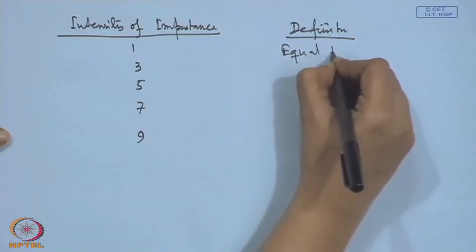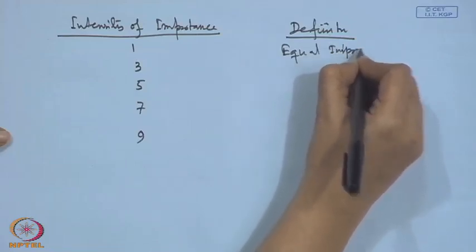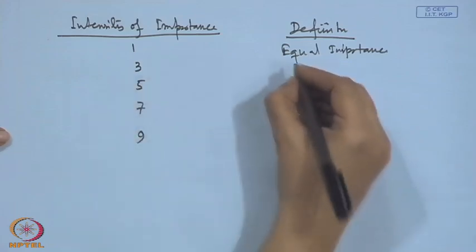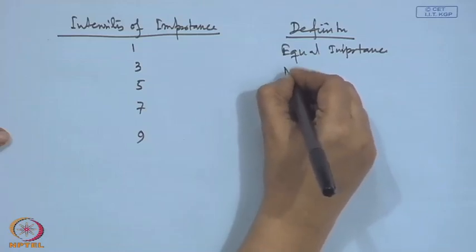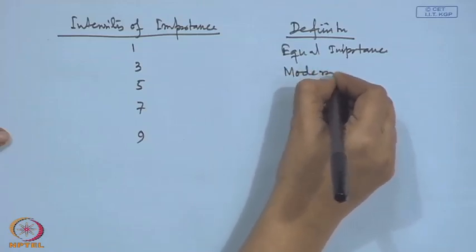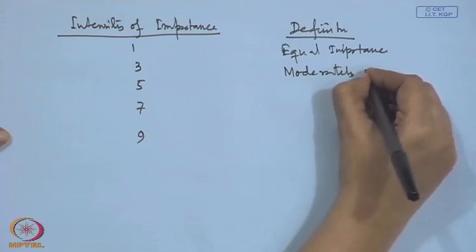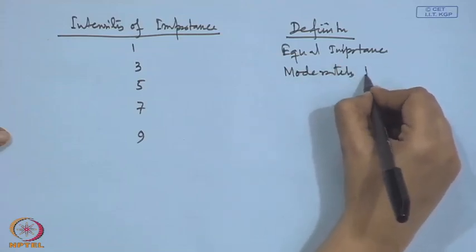If both the alternatives are equally important with respect to a certain criterion, then we put the intensity of importance as 1. The 3 we put if one is moderately more important than the other.